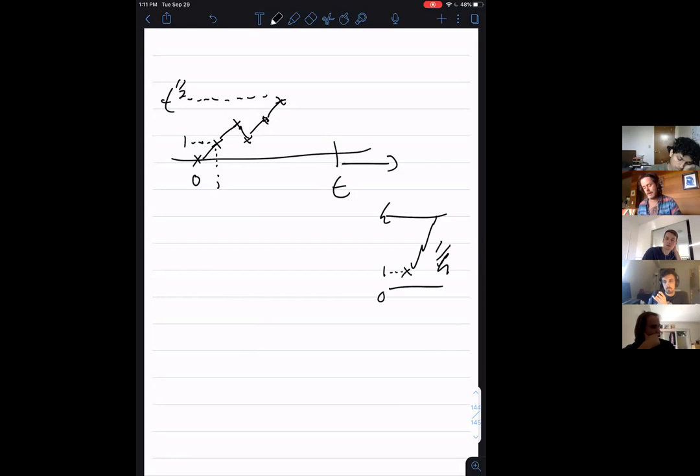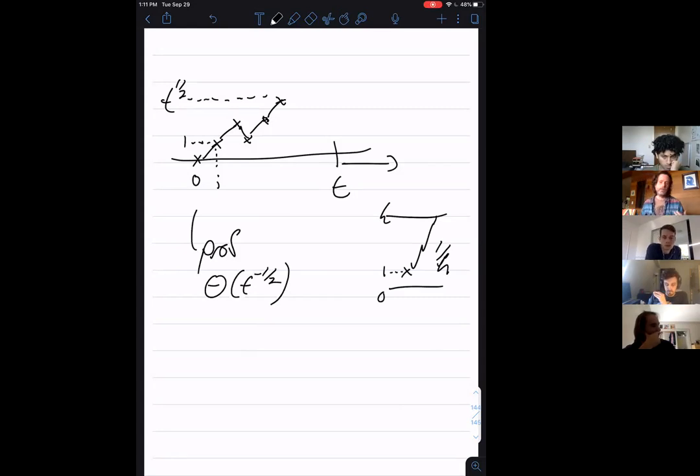That happens with probability of order t to the -1/2. Having got there, the quadratic scaling of a random walk and the square relationship between space and time means that the time left to come back down and hit will be of order t.